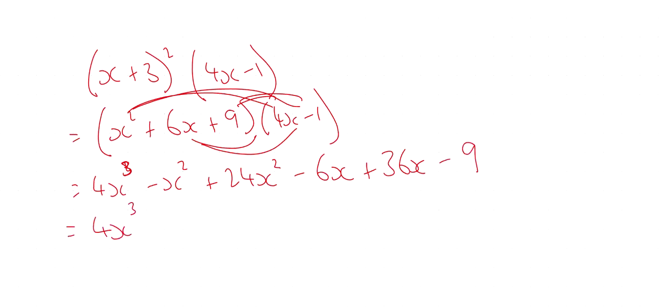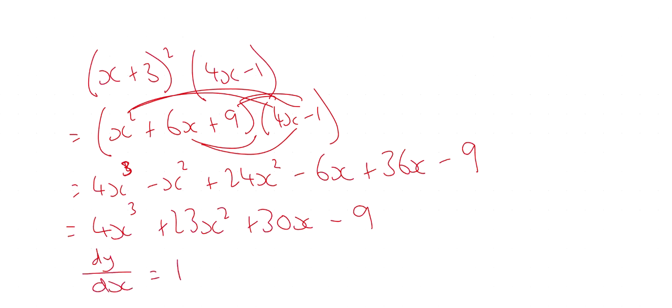What do we got? Okay, so then dy/dx is 12x squared plus 46x plus 30. Excellent. So if you've got complicated stuff here, then expand it.